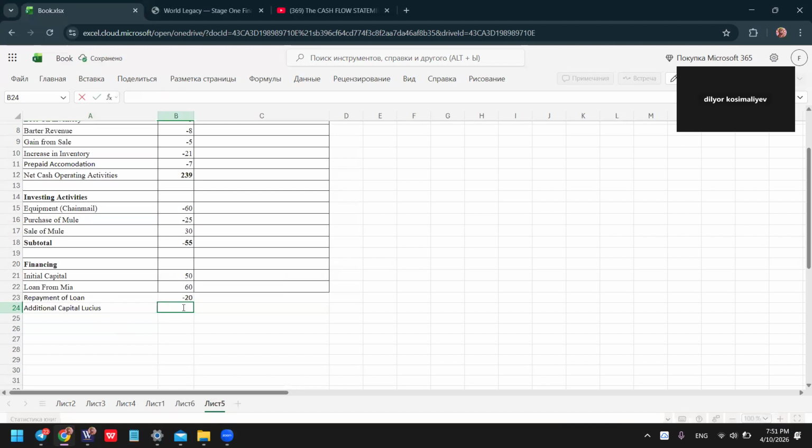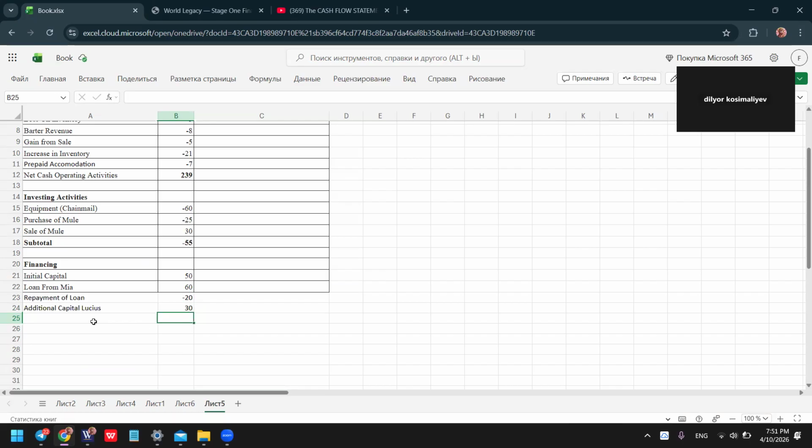So it's 30. It's also in financing because she got a bonus for the work that she did.